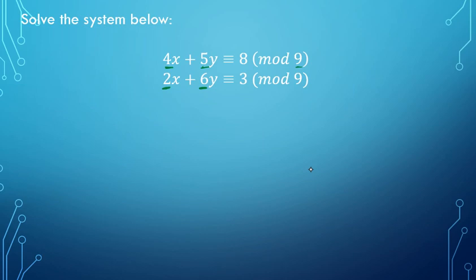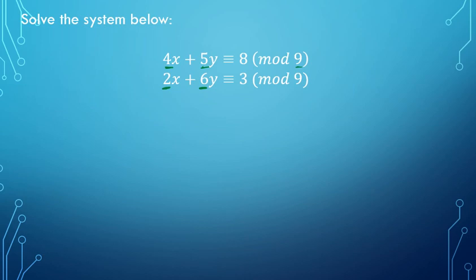This is going to be 2 times 3, which is 6. This is going to be 6 times 1, which is 6. 6 plus 6 is 12. Take 12 mod 9, and you get 3. So that's your final check, just to see that we do indeed have a valid x and y value for our solution. So that's the method that we use for solving these systems of linear congruences.